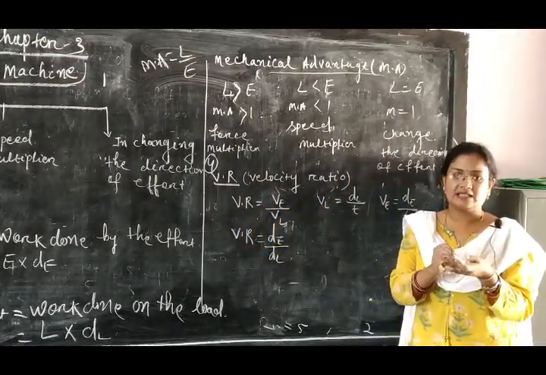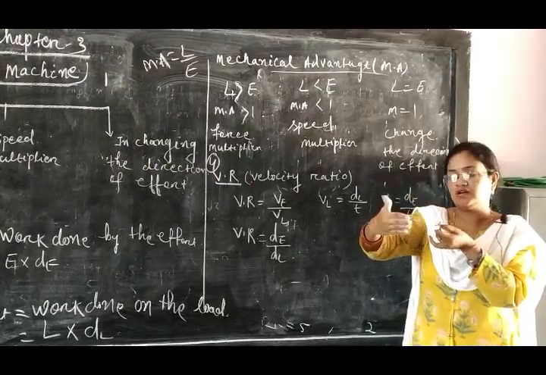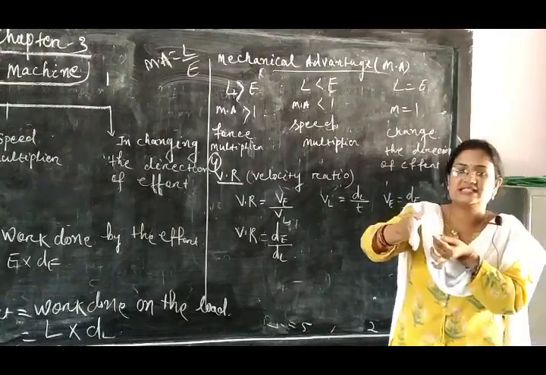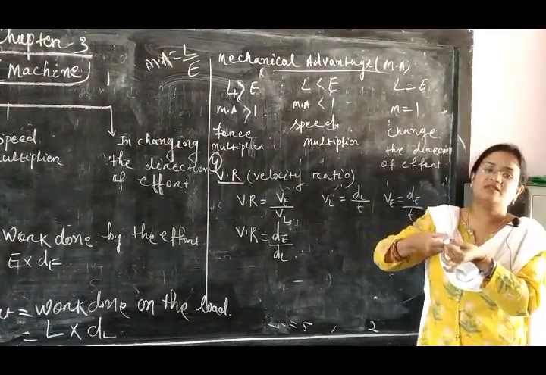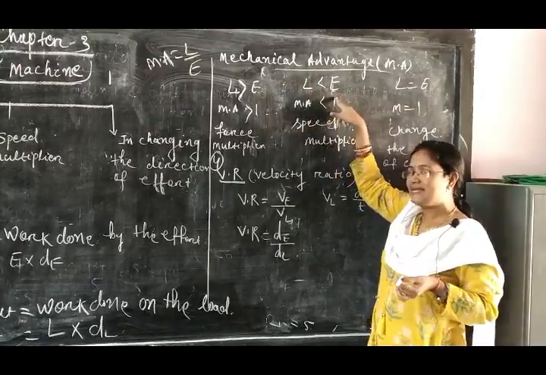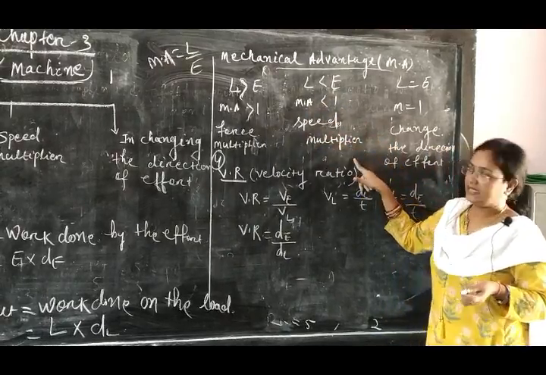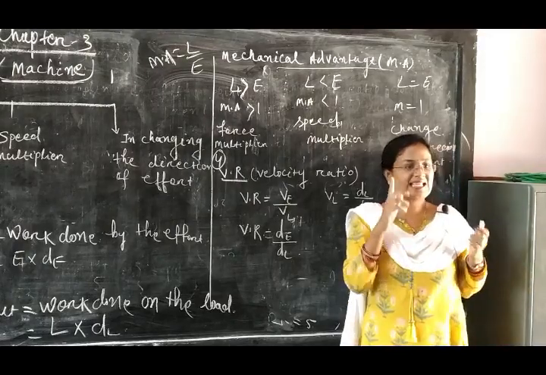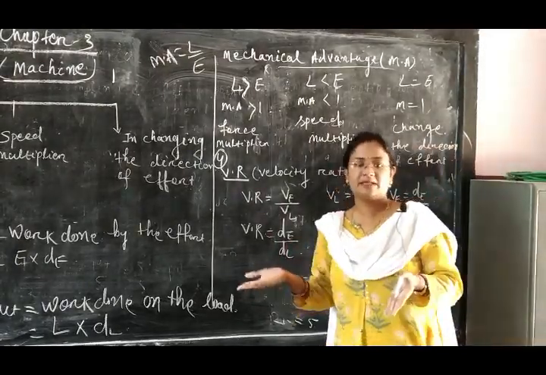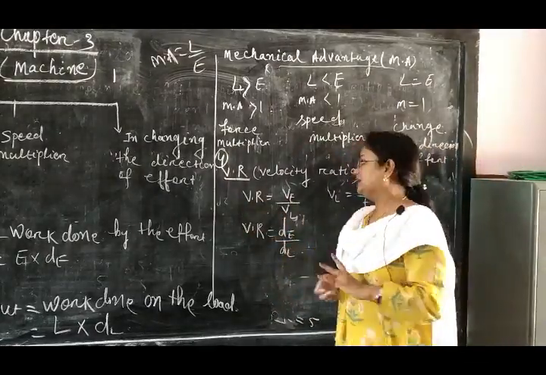For example, a scissor: the back handle moves a little, but the front part, where we cut the cloth, covers more distance. That is a speed multiplier. Mechanical advantage less than 1 means speed multiplier. One machine cannot act simultaneously as a force multiplier and a speed multiplier. Either it is a force multiplier or a speed multiplier.